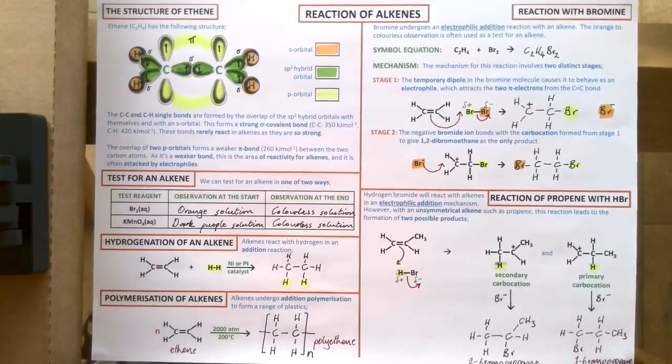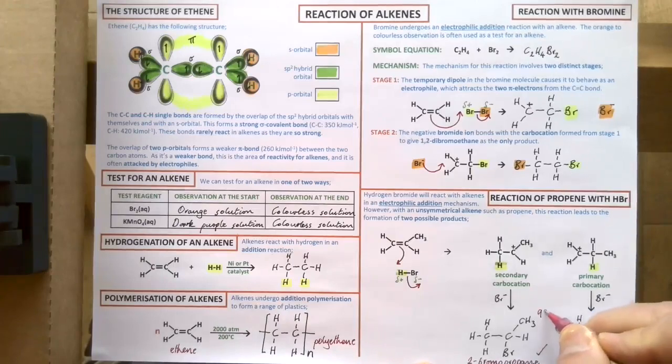Now, question is, do you get a 50-50 mixture of both, or does one dominate over the other? Well, the answer is one definitely dominates over the other. This one dominates over this one. We get about 99% of this one and about 1% of this one.